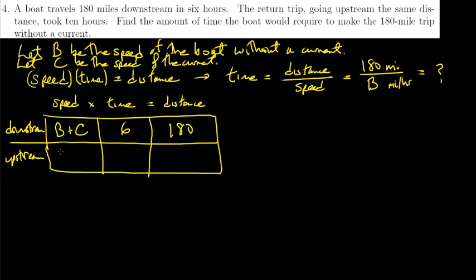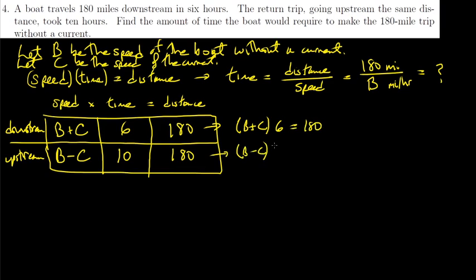Upstream, because you're going slower, it's the speed of the boat minus the speed of the current, and that took 10 hours to go the same 180 miles. So the first equation is B plus C times 6 equals 180, and the second equation is B minus C times 10 equals 180. Those are our two equations.